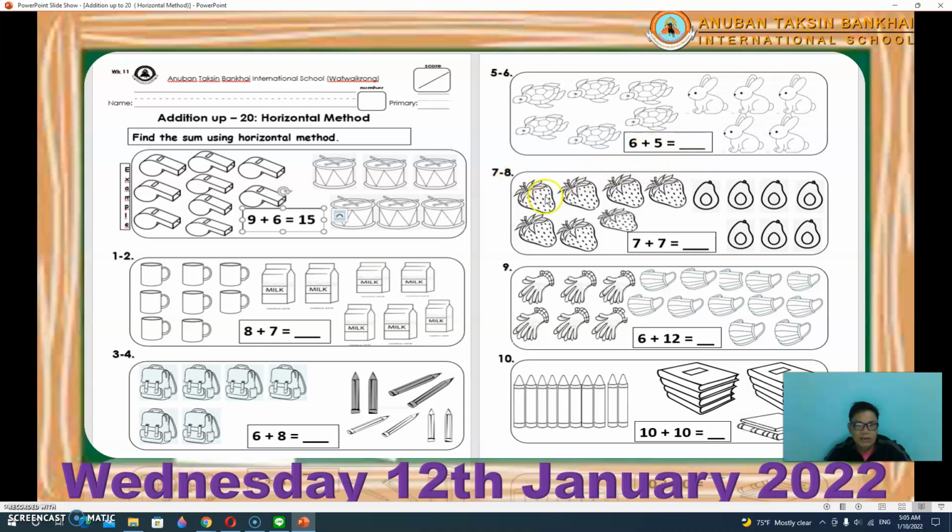Number 7 and 8, 7 plus 7. Number 9, 6 plus 12. And number 10, 10 plus 10. So please read carefully. Think twice so that your answer is correct. If you have any question, you ask Teacher June, Teacher Nit or Teacher Ben.